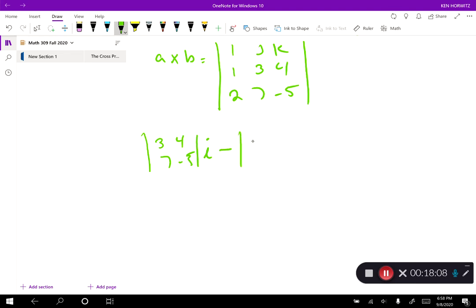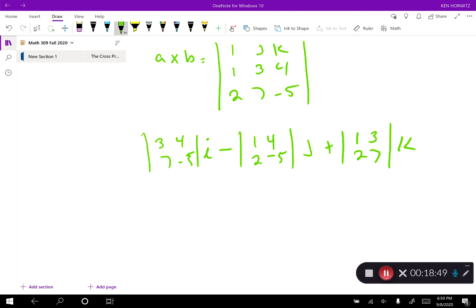Now we're going to cover up the j column, and I have 1, 4, 2, -5, j, and then positive, negative, positive. And I'm covering up the k column, and I get 1, 3, 2, 7, k. So as long as your setup looks like this, you should be fine. So why don't you do the algebra, and we'll talk about the answer on the back end. Pause the video, do the algebra, and I'll be back with you in a minute.